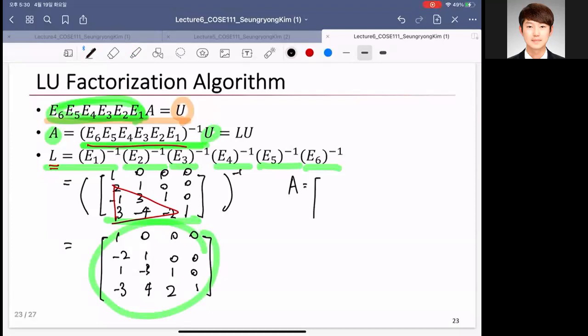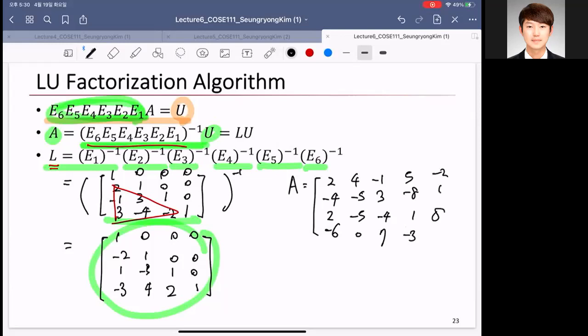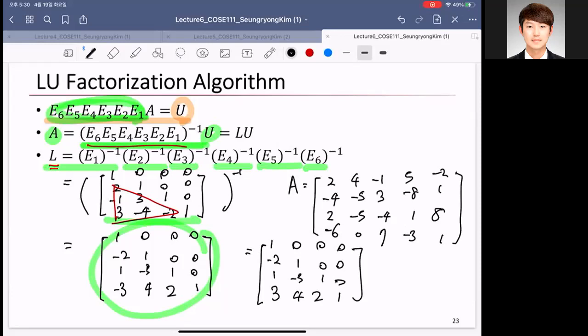So, 2, negative 4, 2, 2, negative 4, 2, negative 6, 4, negative 5, negative 5, 0, negative 1, 3, negative 4, 7, 5, negative 8, 1, negative 3, negative 2, 1, 8, 1, which can be further reduced to 1, 1, 1, 1, negative 2, 1, 3, negative 3, 4, 2, 0, 0, 0, 0, 0, 0 times matrix U. And matrix U was here.